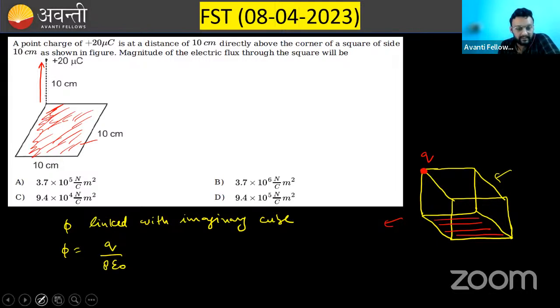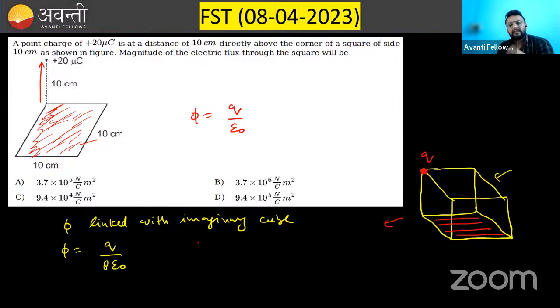I think you will miss something in this, so I am telling you: phi will be Q by epsilon naught. This is the flux linked with 8 cubes. So flux linked with 1 cube will be Q by 8 epsilon naught.